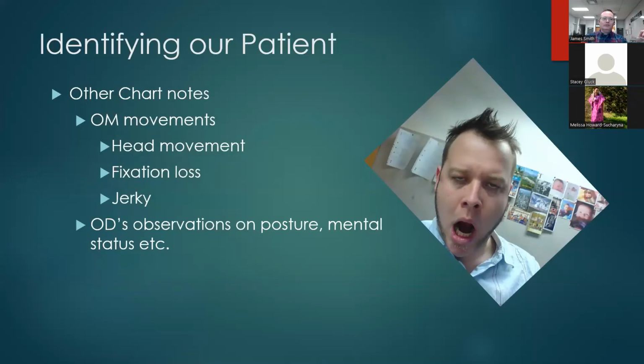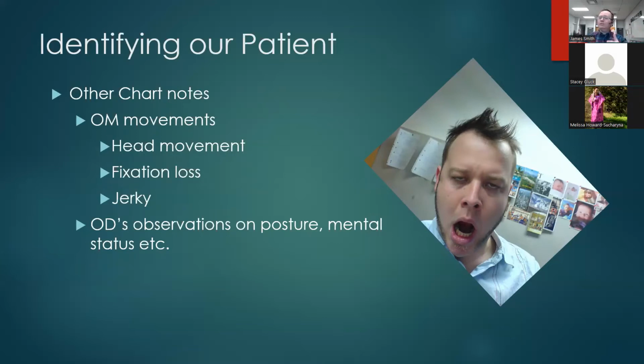Those are really good to look at, because if the doctor gives you all these numbers, but in his notes he says patient had a hard time sitting still, patient was up and down out of the chair, patient was distracted, well, that's going to prepare me, because that's how that patient is going to do therapy. They're going to be up and down, they're going to be distracted. I've got to be ready for that.